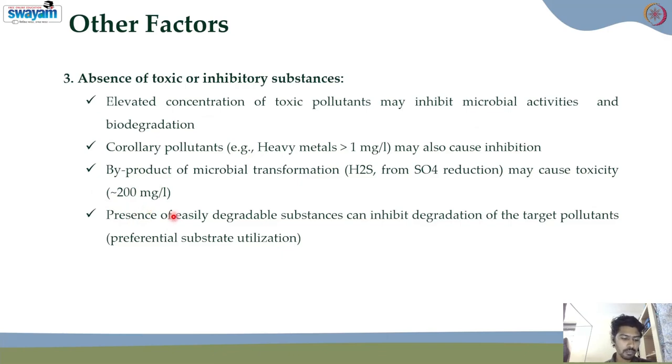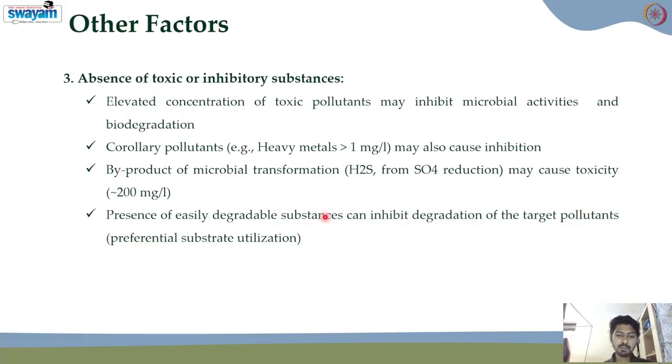And then substrate utilization. If microbes are given an easier food like sugar, they assimilate it easily and ignore the other complex substances. This is why the presence of easily degradable substances can inhibit the degradation of the target pollutant.